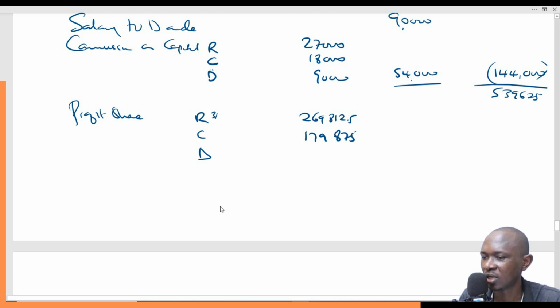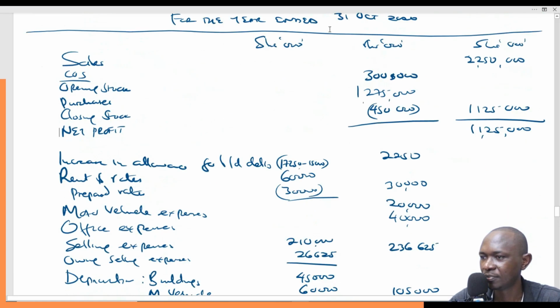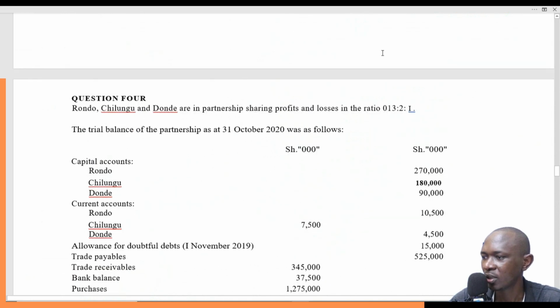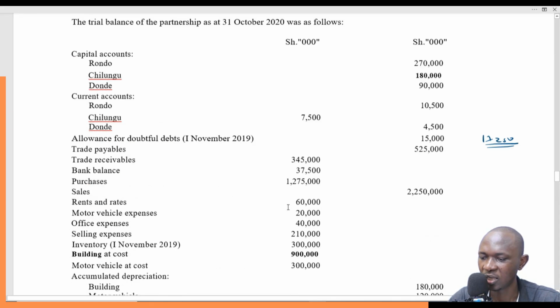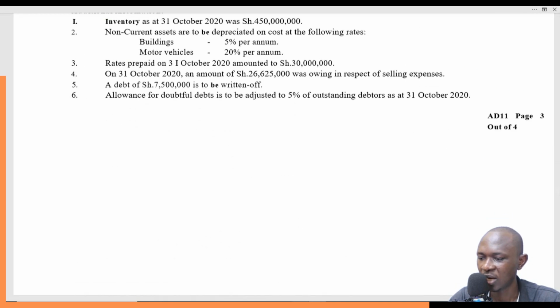This one is supposed to get 3 over 6 of this figure, this one 2 over 6 of this figure, and this one 1 over 6 of this figure. And this has been captured in the question, the ratio 3 to 2 to 1. You can check in the question that we have. That is the ratio that they are going to use to share the profits amongst themselves.